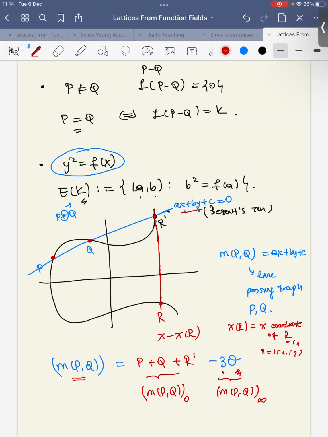If you look at this transcendental, x minus x of R, it should also have at least one zero and one pole. And we know that R and R prime satisfy the equation because they have the same x coordinate.